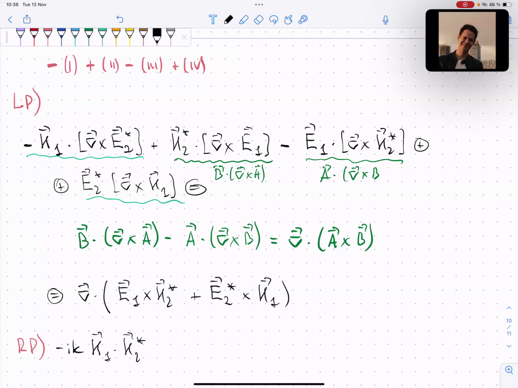Yeah, I made a mistake because here it should be minus. Here it should be minus, and here it should be plus. Sorry, so this is with plus, and this is with minus.